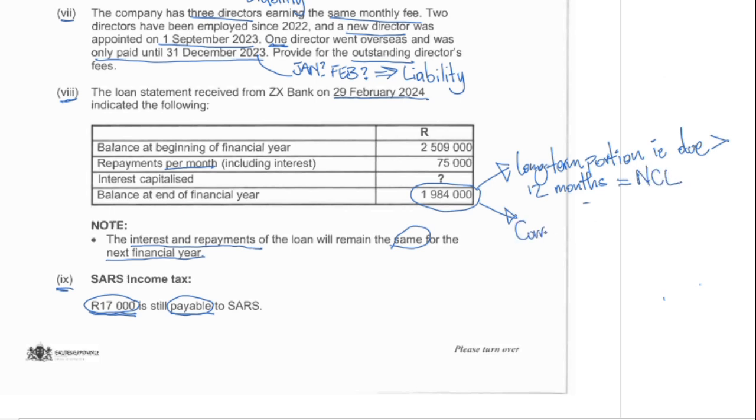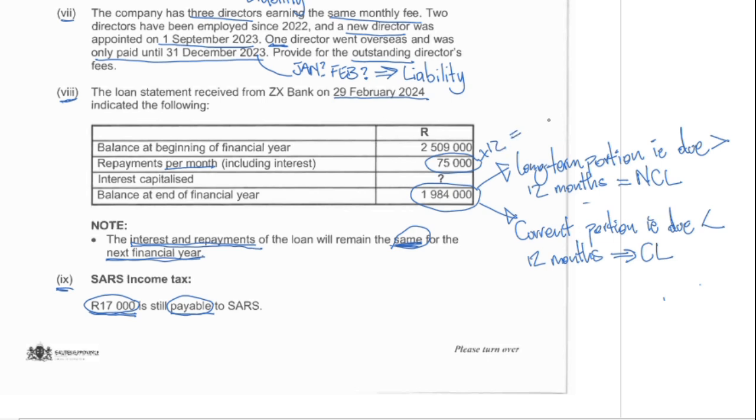And this is therefore disclosed separately from the rest of the loan, that is from the non-current portion of the loan. We are told in the additional information that the interest and repayments of the loan will remain the same for the next financial year. This means that in the next financial year, we are going to have the same amount of repayments as the current year.